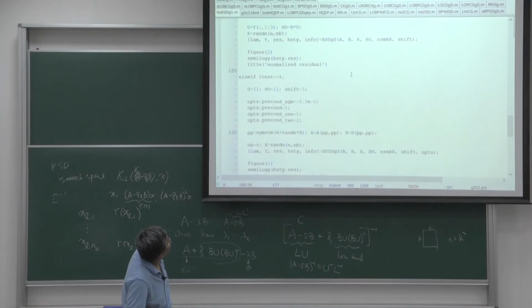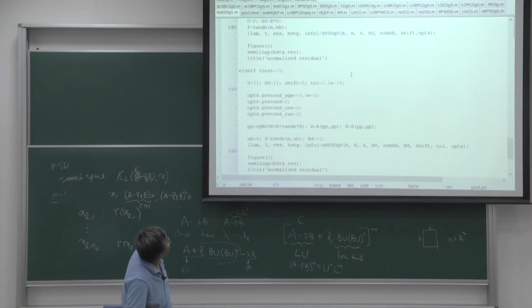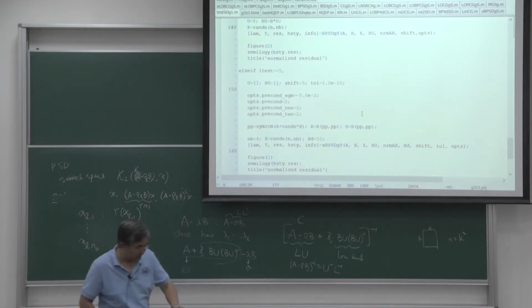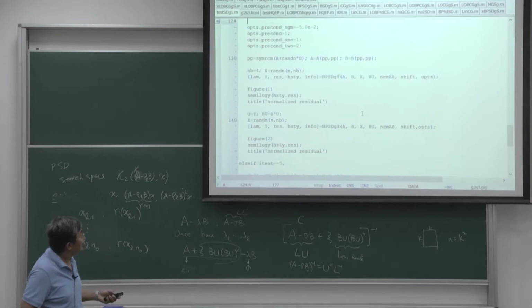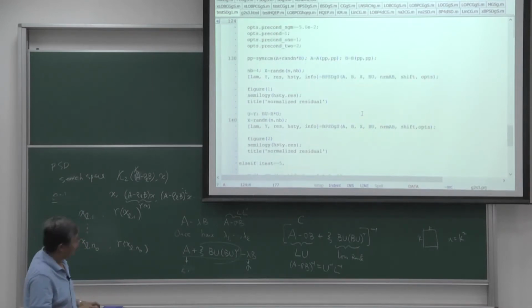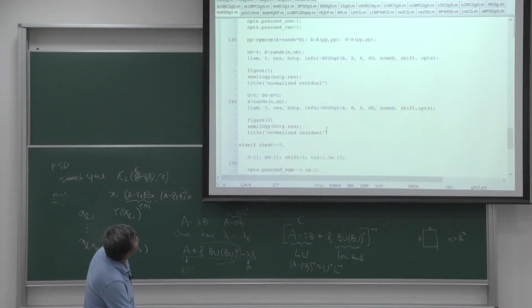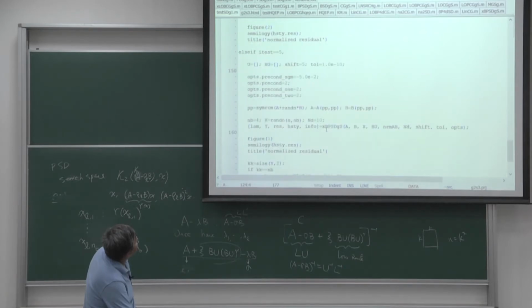Maybe I want to run the last one. In the web page there's a version called block preconditioned steepest descent with a shift.